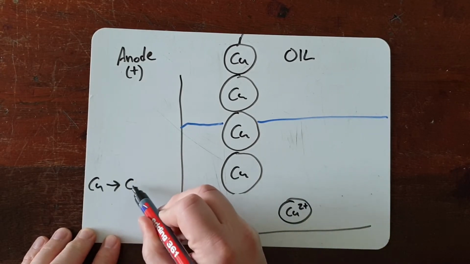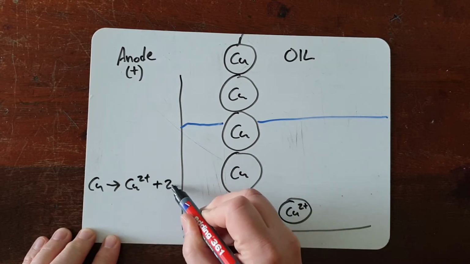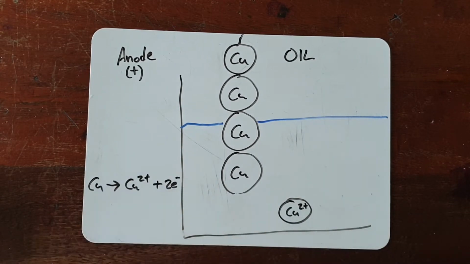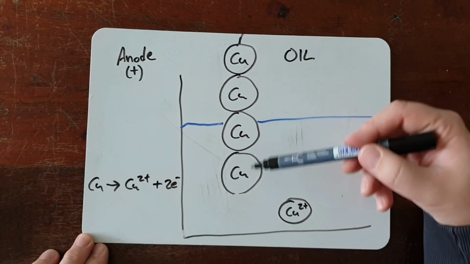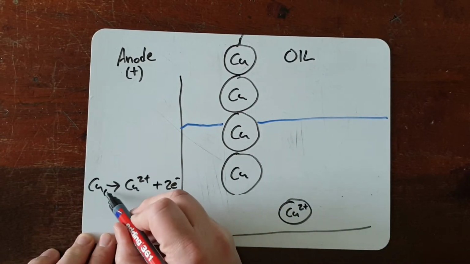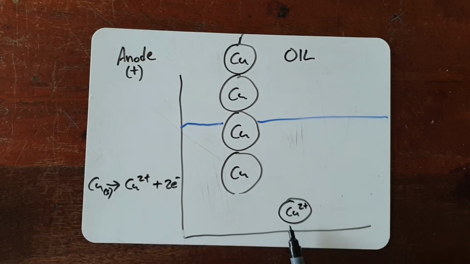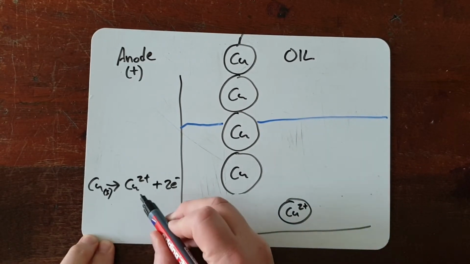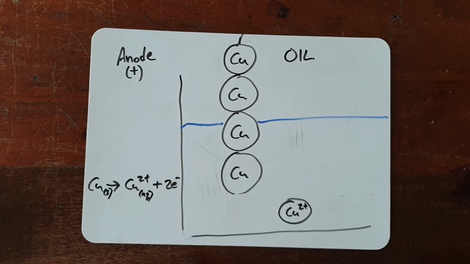So it goes from Cu to Cu2+, and it's lost 2 electrons. That is what is happening here at the anode. And then if I do state symbols, this is part of the electrode, right? It's solid. Copper doesn't dissolve in water. But copper ions do dissolve in water, which makes that aqueous. So this is important.